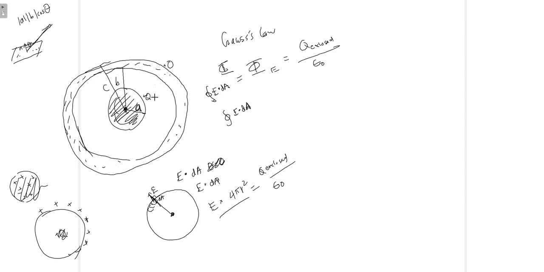So if we look at where r is less than a, meaning we're inside the sphere, the charge enclosed within that sphere is going to be 0 because there's no charge in here.